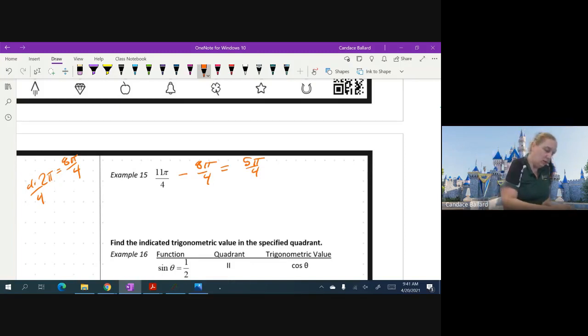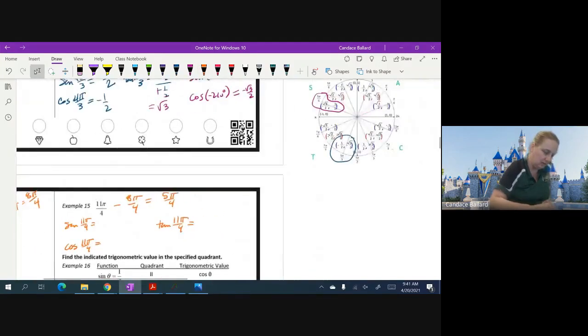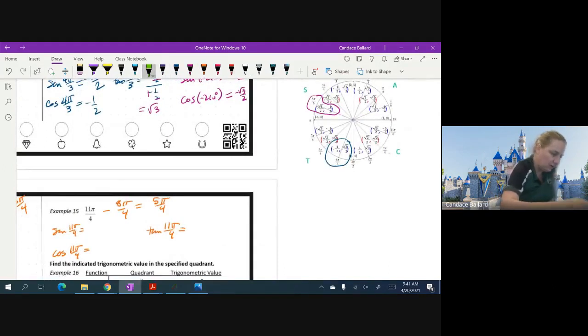So I want to find the sine, but I'm going to use my original notation here. Sine of 11 pi over 4, cosine of 11 pi over 4, and tangent of 11 pi over 4. All right, let's go back to my good old unit circle. It's kind of sitting out there. I don't know if I can get it all on one page. All right, so I am going to 5 pi over 4, which I'm seeing is right here. Okay. The sine is the y coordinate, so it'd be negative square root of 2/2.